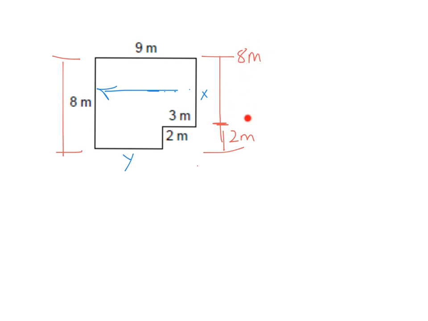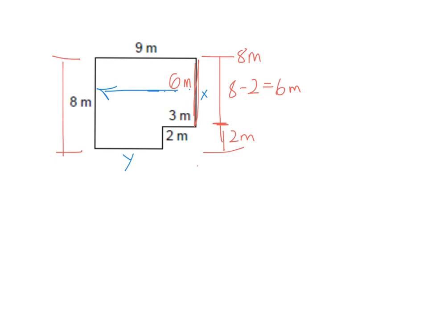I'm going to do 8 minus 2, and that's going to give me this space here. 8 minus 2 gives me 6 meters. So this line here is 6 meters.